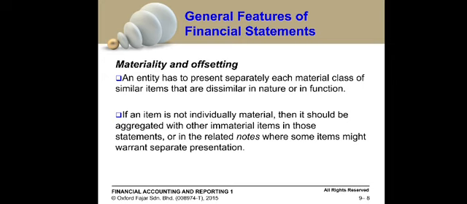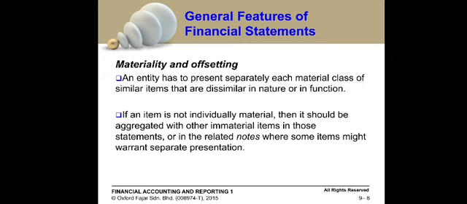If an item is not individually material, then it should be aggregated with other immaterial items in those statements or in the related notes where some items might warrant separate presentation.